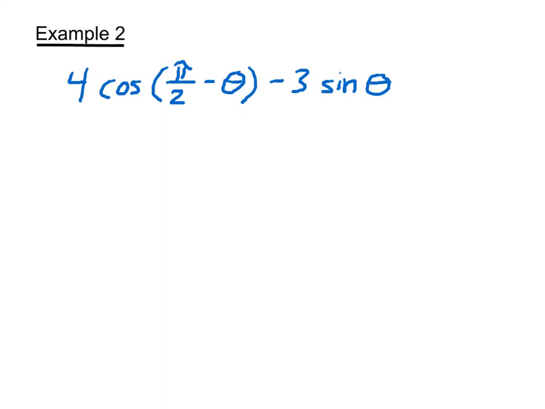In my second example problem, I have 4 cosine of pi over 2 minus theta minus 3 sine theta. Well, remember that the cosine of pi over 2 minus theta, this is really like cosine of 90 minus theta, can be rewritten as simply sine of theta.